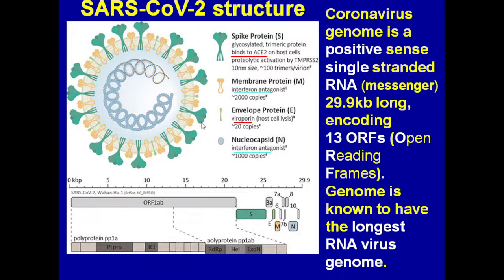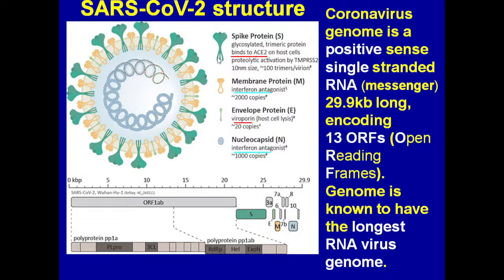So here you can see the spike proteins that are glycosylated proteins and they are trimeric, and this is a key player in the binding in the human body, and it binds to the ACE2 receptor on the host cell with the proteolytic activity of the co-receptor.